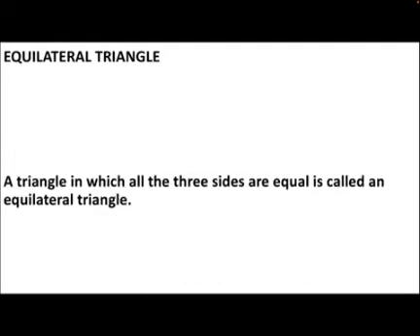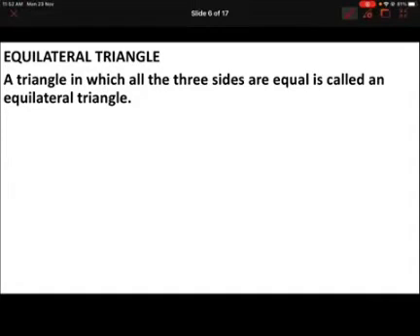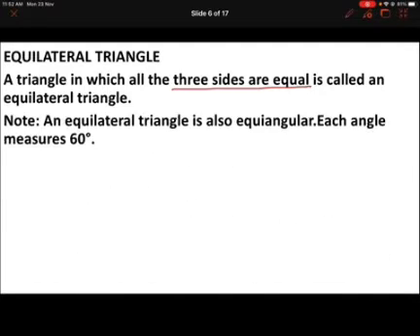Now let us learn in detail what this equilateral triangle is. Now, a triangle in which all the three sides are equal. Remember, all the three sides are equal. That is called equilateral triangle. I hope you all can recall that definition.